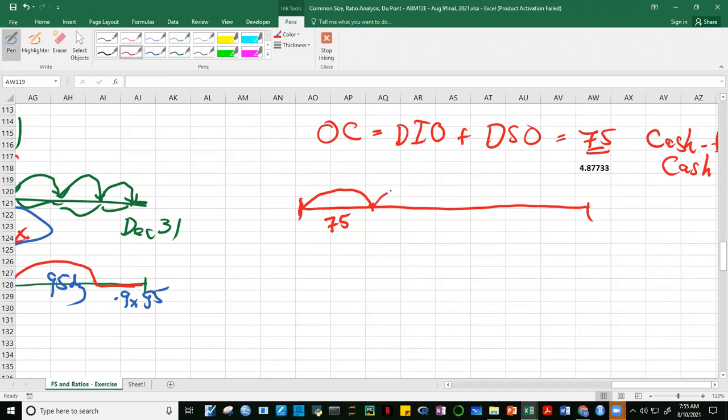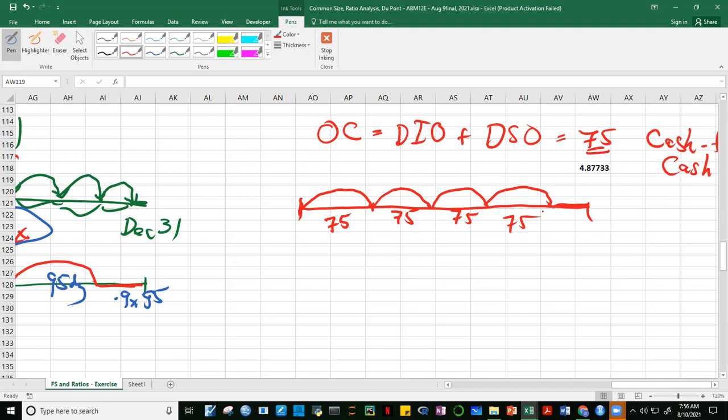So 1, 2, 3, 4, then you have here .87. So 75 days, 75 days, 75 days, 75 days, and a fraction of that. Okay, so again guys, in 75 days, nakolekta na, from the buying of the raw materials to converting them, manufacturing them into finished goods, and then selling them, and then collecting, 75 days.